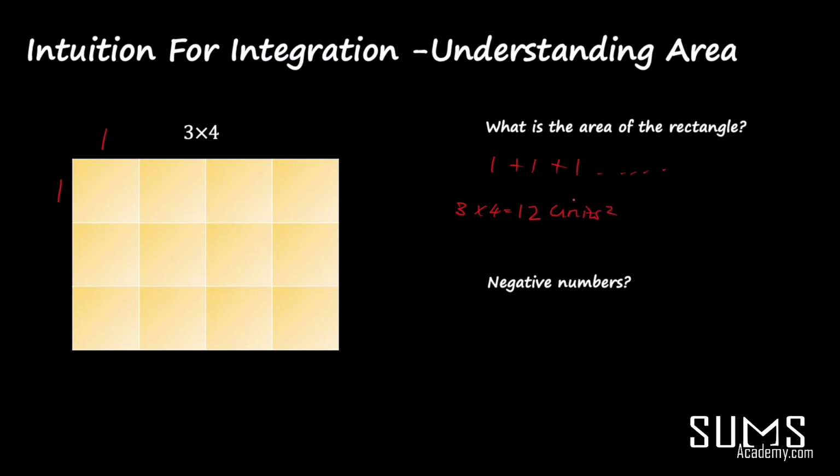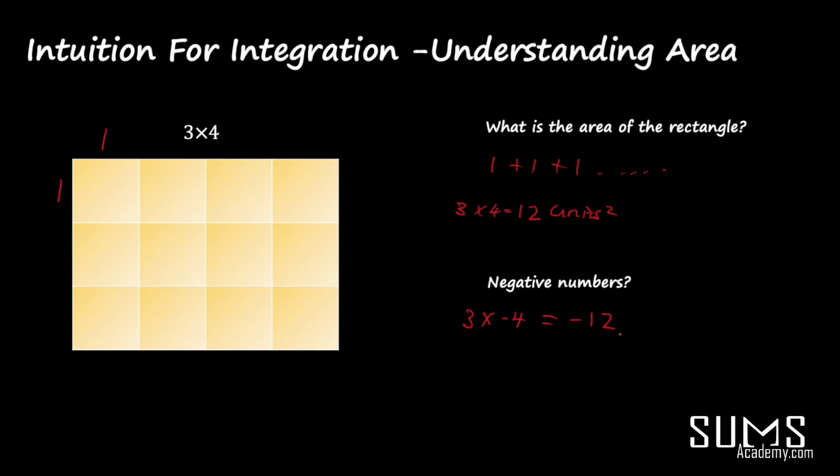Awesome. Okay, so what if I just asked you this question: what's 3 times negative 4? Well, that's going to be negative 12. That's exactly the same question, except you've changed one of the signs to negative.